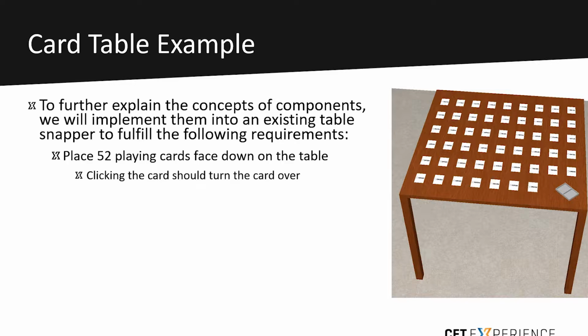So the first requirement is we need to place 52 playing cards face down on the table. And when we click on the cards, they should turn over. So from the picture, you can see here that the cards are laid out here. This is what we eventually want to get to, and you can see that it has the little Configura back to them. Whenever I click it, I want to be able to flip it over and see, Jack of clubs or ace of diamonds or whatever. So that is the first requirement.